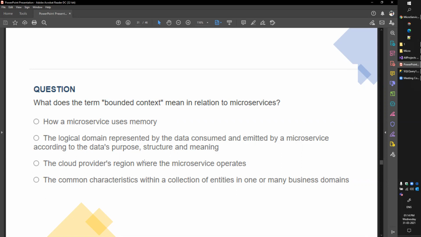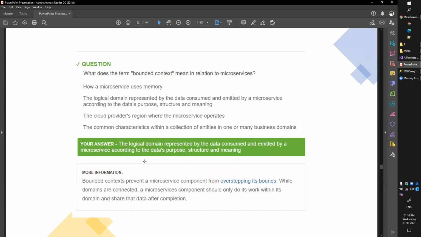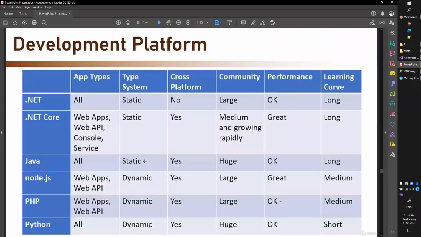It's basically a logical domain. The second one, we have already discussed, that prevents a microservice component from overstepping its bounds. A department is completely isolated from another one if need be, but not for every call it talks to another. But yes, on a need to need basis, it will talk to other bounded contexts, but not for every request. All right, just one thing on bounded context. Is every bounded context a microservice?